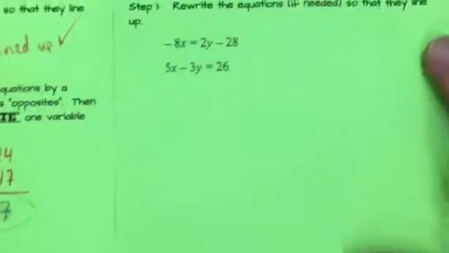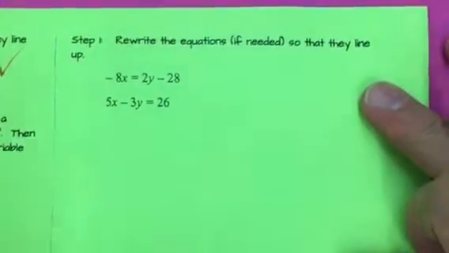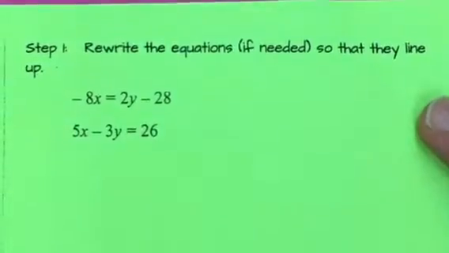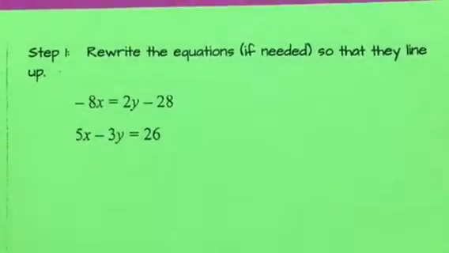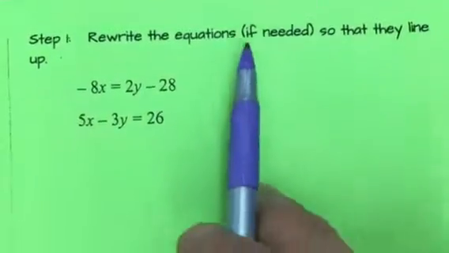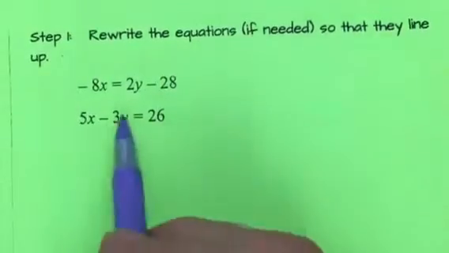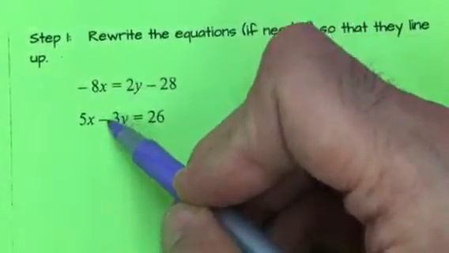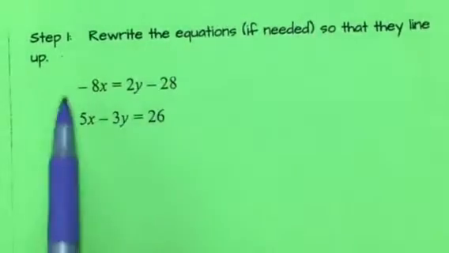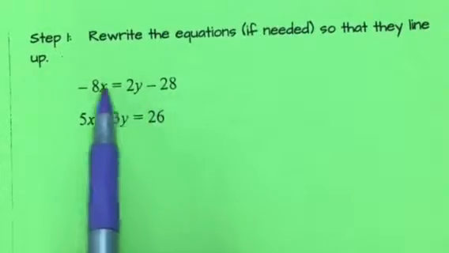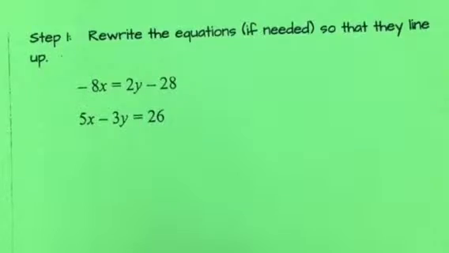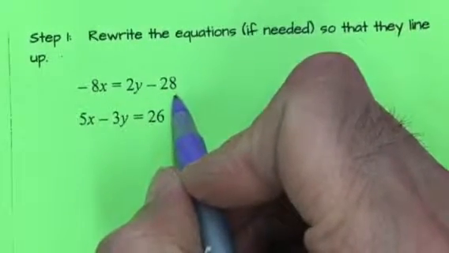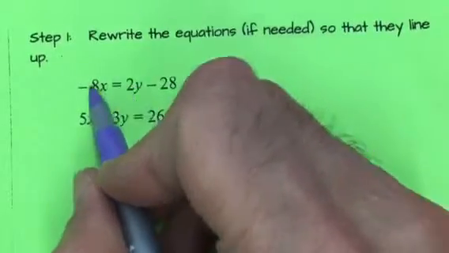Let's try it again. This time we're going to use something a little bit more difficult, a little bit more challenging. It says rewrite the equations if needed so that they line up. I have x's over x's equal, okay, not lined up. I have to move either the y's over to here or the y's over to here. Let's move these y's over to there.